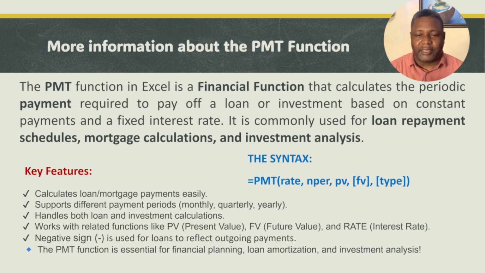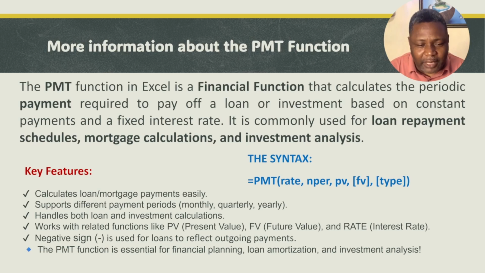The syntax is simply type your PMT function, you put your rate, your number of periods, your present value. That will do. If you have future value and other values, you may add them, but with these three provided, you are good to go.